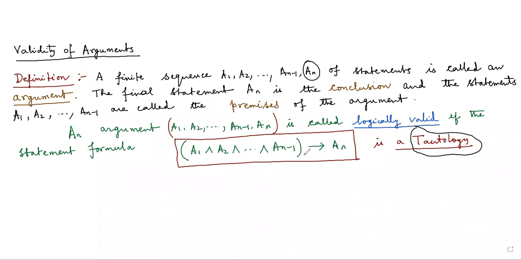Okay, so we have seen that in the truth table of negation, not all the parts are having truth value capital T.